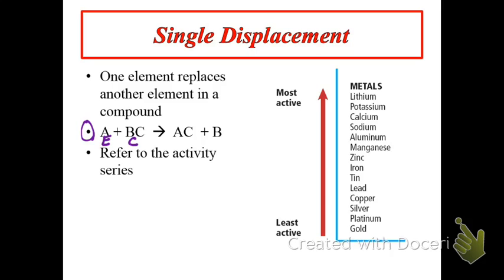And what happens is, I'm actually going to erase this now. An element here comes in and replaces another element in the compound. It's like they switch places. So look here what happens. All that happened here is that A and B switch places.